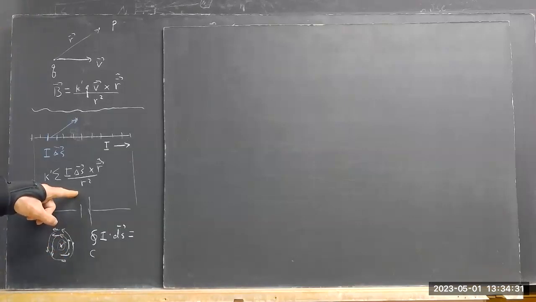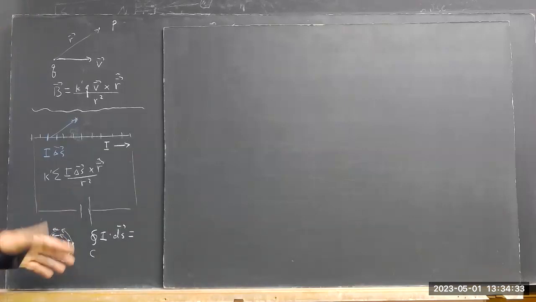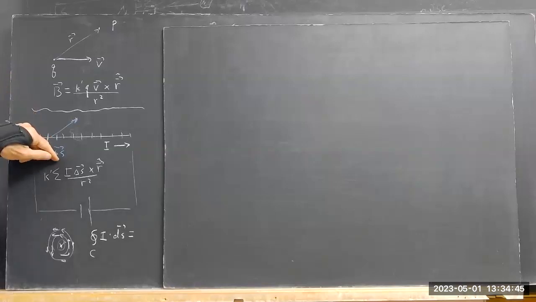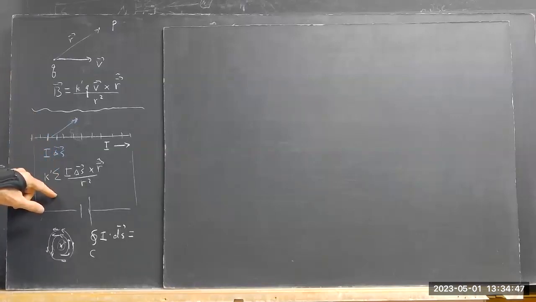At distance a, where everything's perpendicular, you're going to get k prime times I over a.